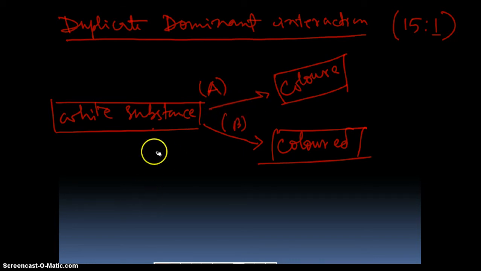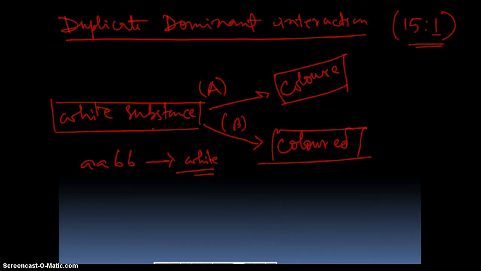So in that case, small a small b is the only genotype that will produce the white color, and the rest of the genotypes will produce the color. That's why we see this 15:1 ratio.